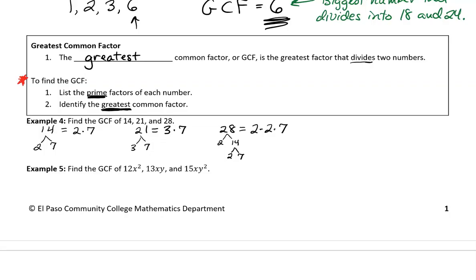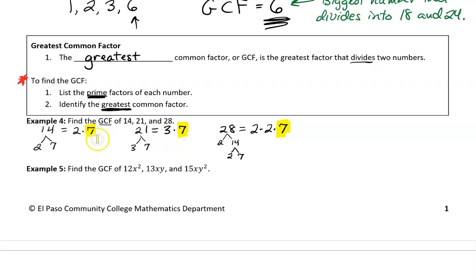Okay, so we're looking for now the greatest. What do they have in common? What do all of these prime factorizations each have? I think we can see really quick they each have a 7. So 7 is part of my greatest common factor. Do they each have a 2? Oh, the first one and the third one do, but the 21 did not have a 2, so that's not common.